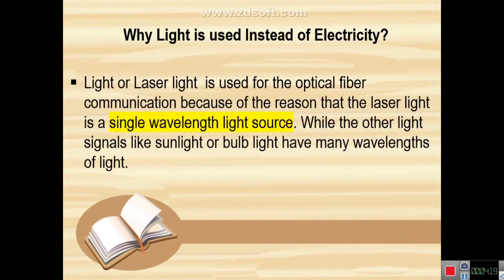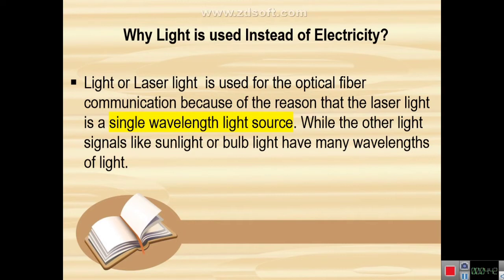Why light is used instead of electricity? Light or laser light is used for the optical fiber communication because the laser light is a single wavelength light source, while the other light signals like sunlight or the bulb light have many wavelengths of light.